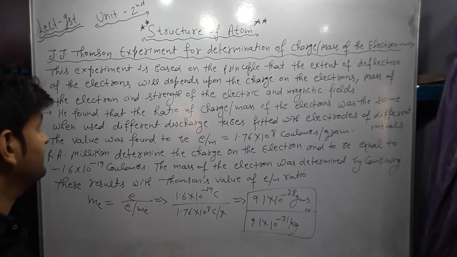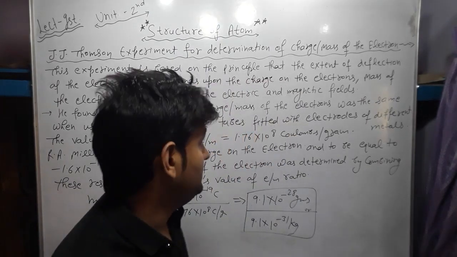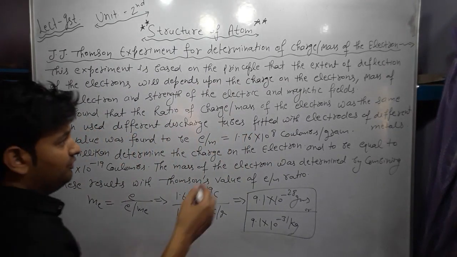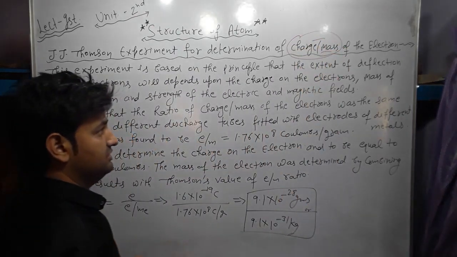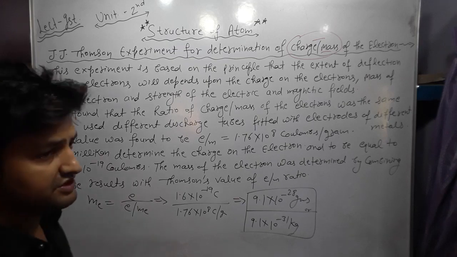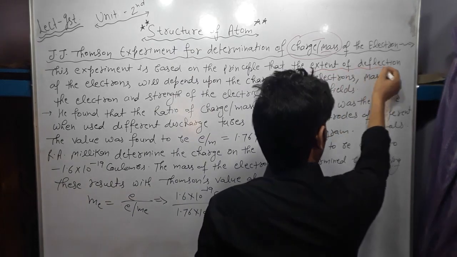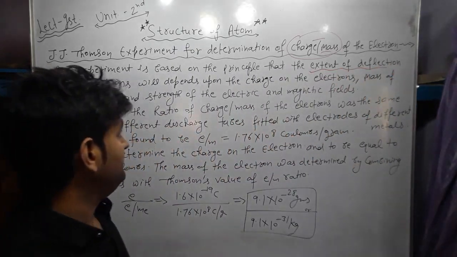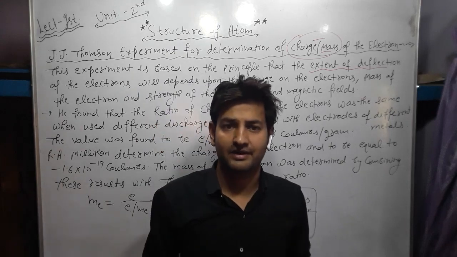So our next topic is J.J. Thomson's experiment for determination of the charge by mass of the electron. What is the ratio of charge by mass of the electron? This experiment is based on the principle of extent of deflection. What do we mean by extent of deflection? It means when a beam of electrons is passed through an electric field and a magnetic field.